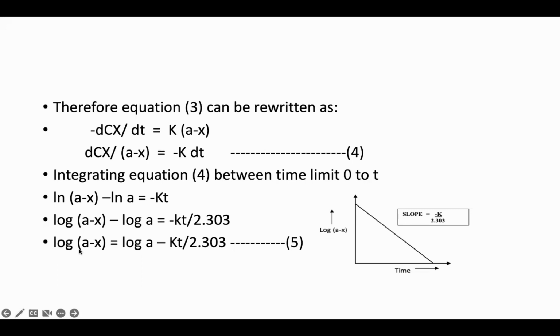And finally, changing this back to the log, you have log A minus X is equal to log A minus KT over 2.303. Now, this is very important because this is a straight line graph equation.